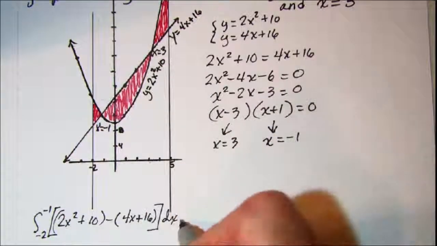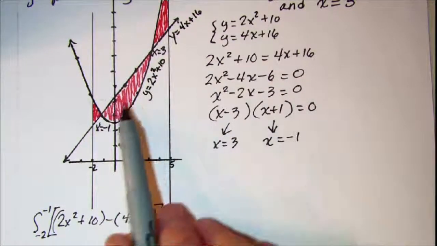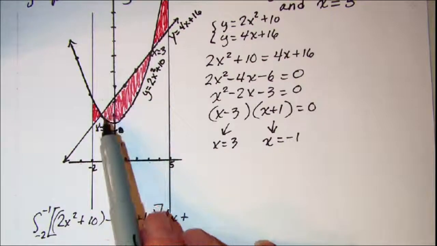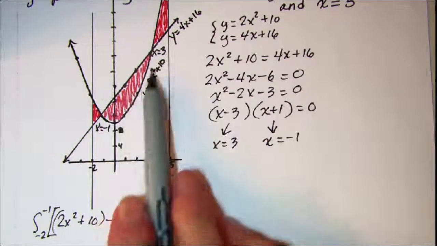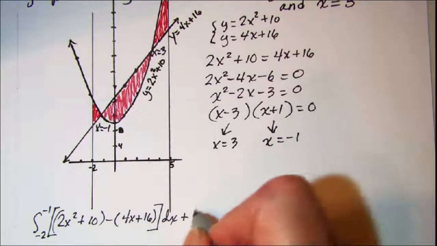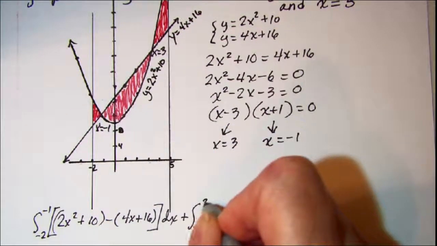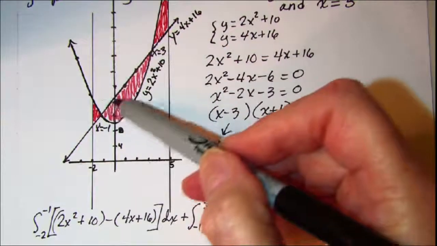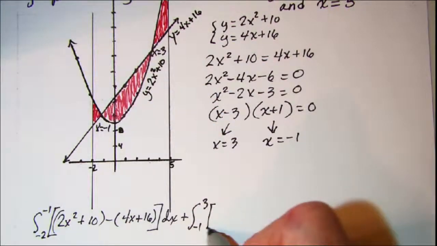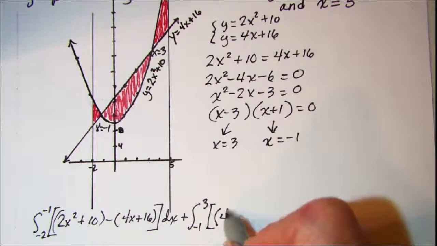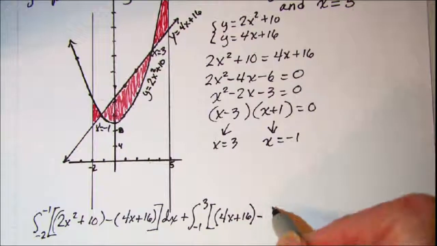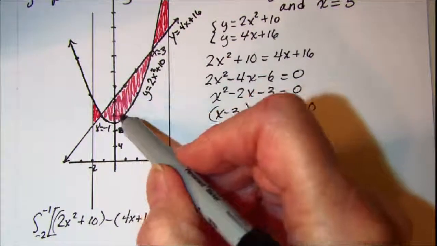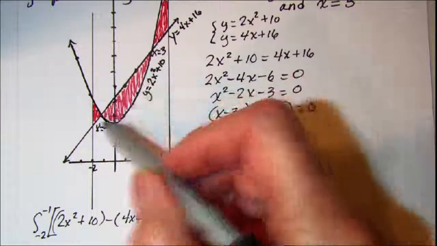And then I'm going to add to that the area of this region, which goes from x equal -1 to x equal 3. The upper function on this one is the linear function. Subtract from that the lower function, which is the quadratic.